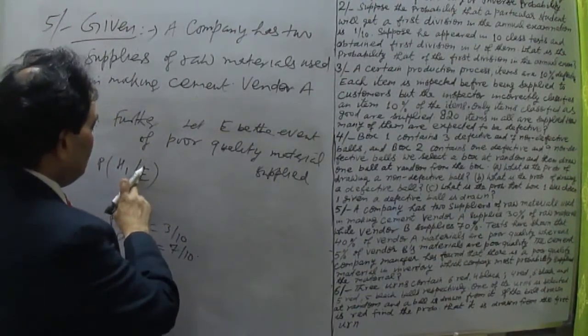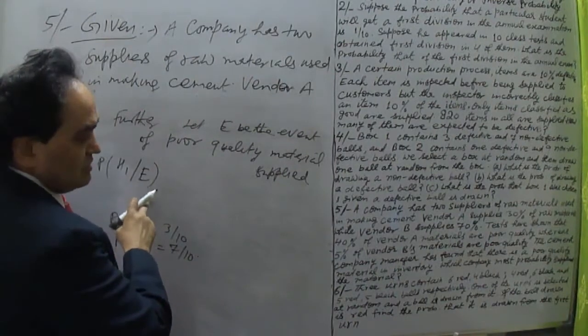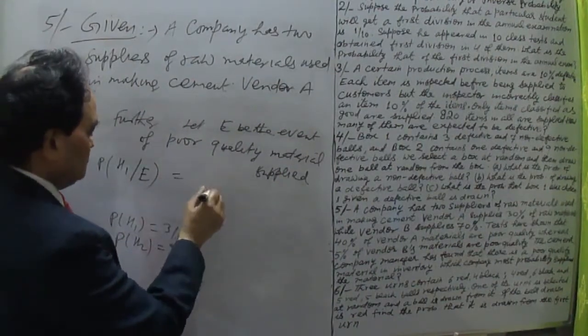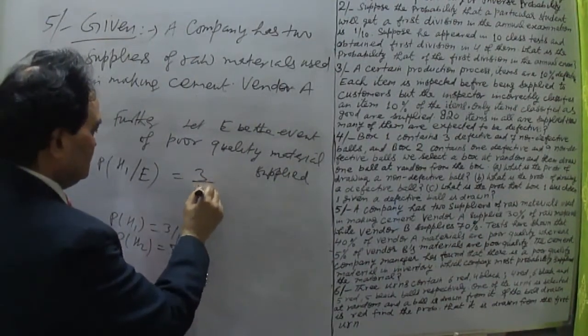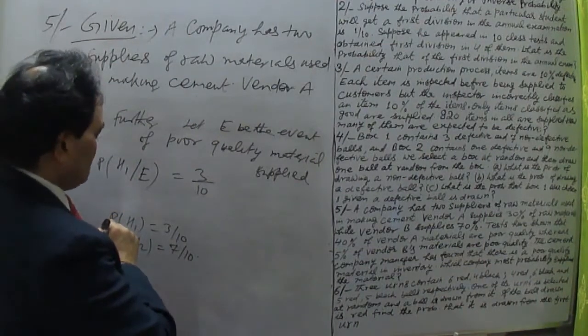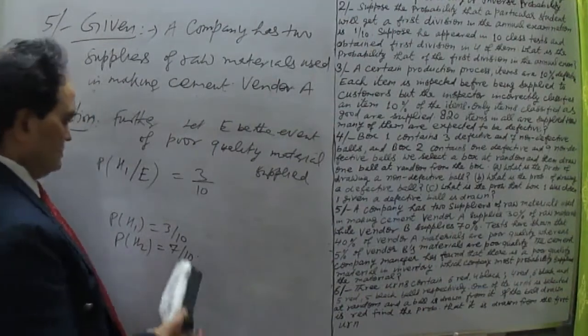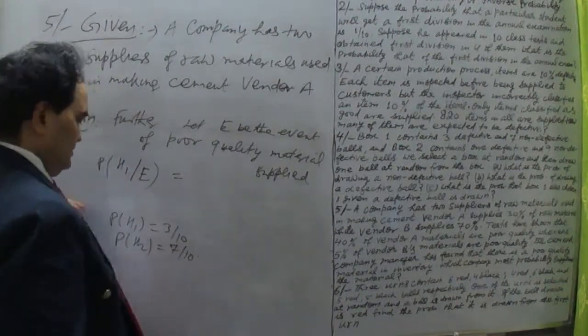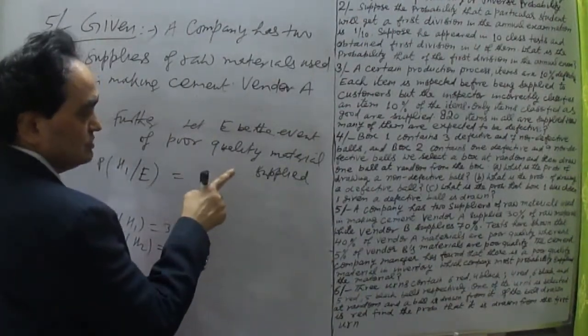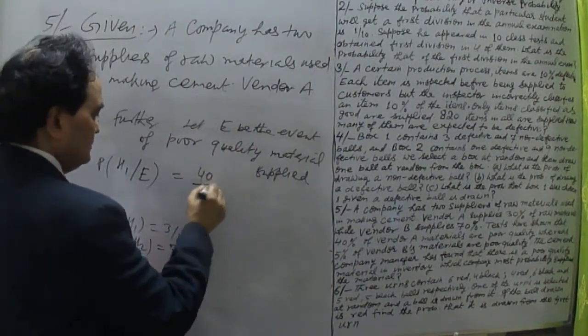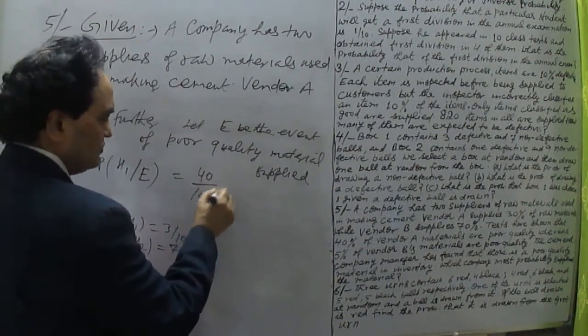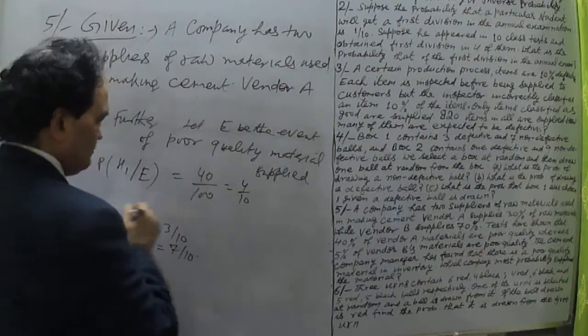So this is the probability of bad quality. The first is 40%, which means 40 upon 100, that is 4 upon 10.